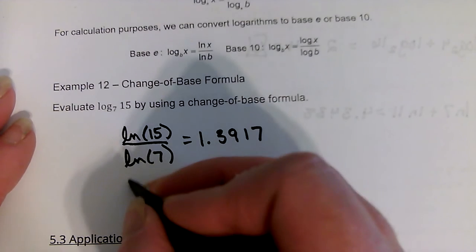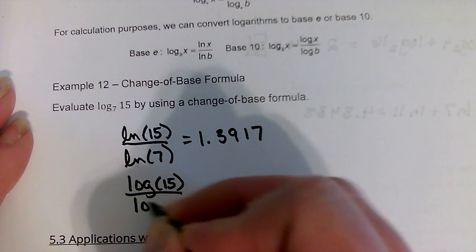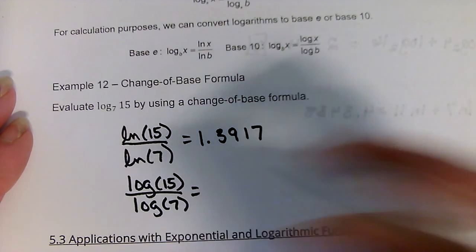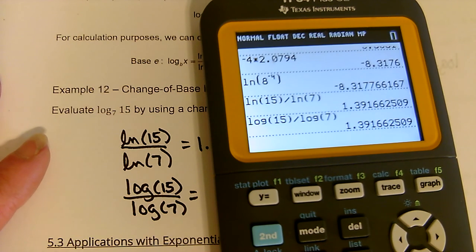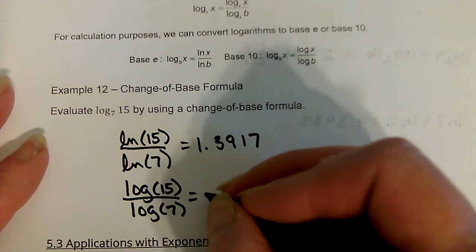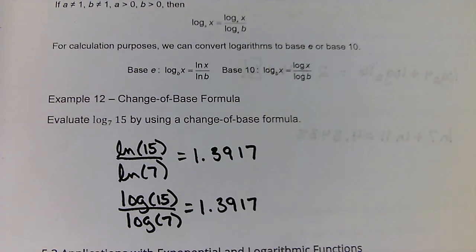If I did this with log, the common log, log of 15 divided by log of 7, I get the same answer. So this is how you can evaluate logarithms in any calculator.